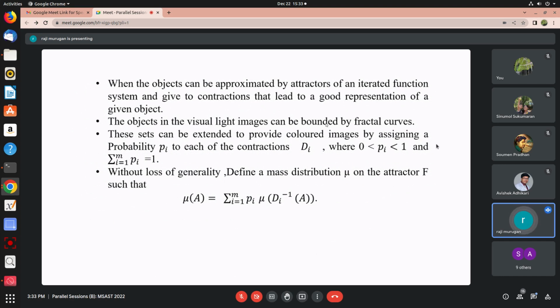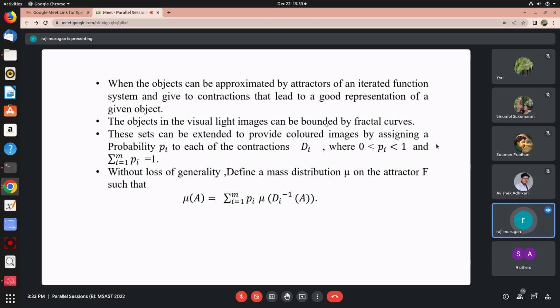The objects in the visual light images can be bounded by fractal curves. These sets can be extended to provide colored images by assigning a probability p_i to each of the contractions D_i, where probability p_i lies between 0 and 1 and the summation of all probabilities equals 1.